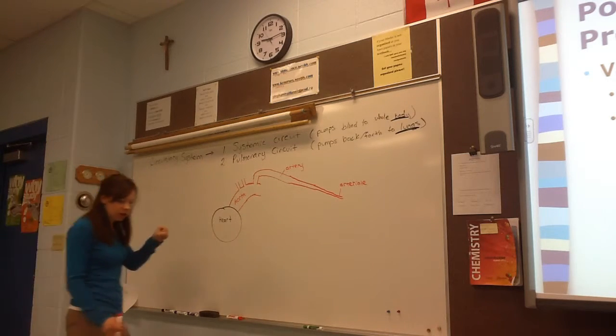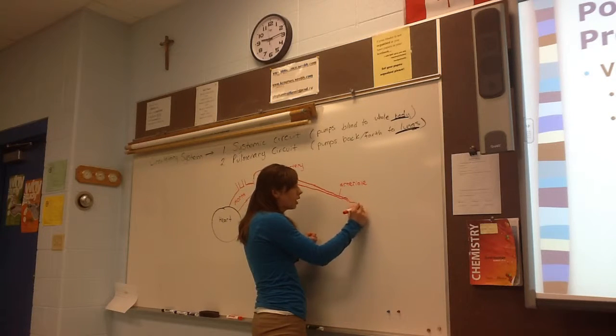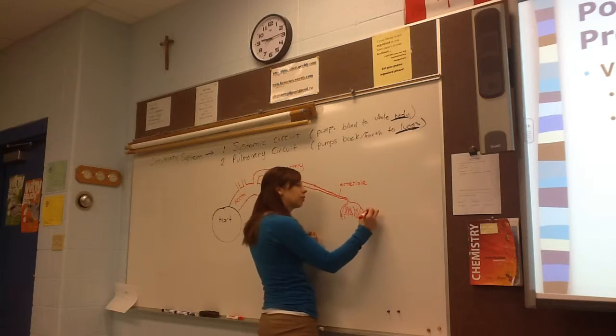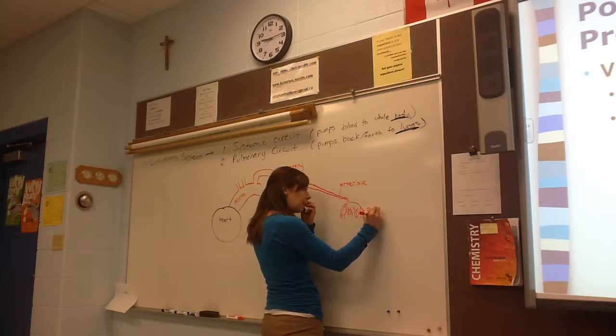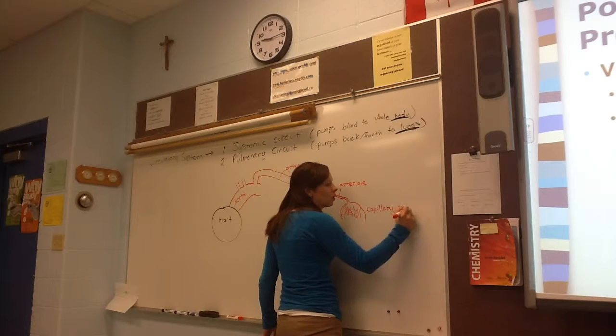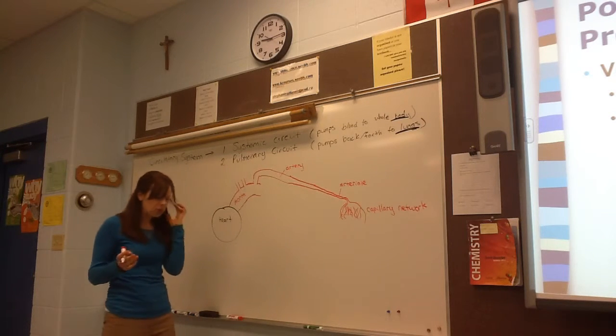So now say we get down to our arteriole, and then it branches off into a capillary network. You can just draw kind of a network like so. You can just say capillaries or capillary network.